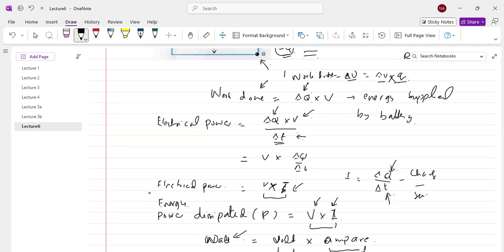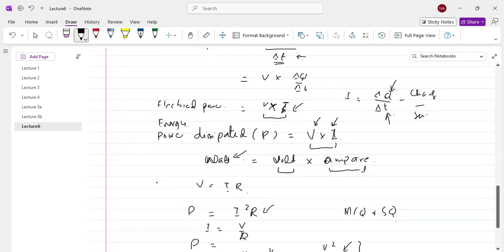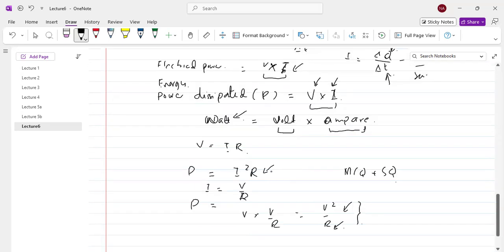Since the whole energy supplied by the battery is utilized by the charges in moving from high potential end to low potential end through the resistor, we see that the power dissipated in the resistor is also equal to V multiplied by I. So this was the idea of how we can define the electrical power dissipated in resistors.